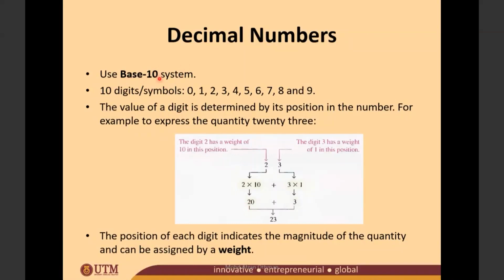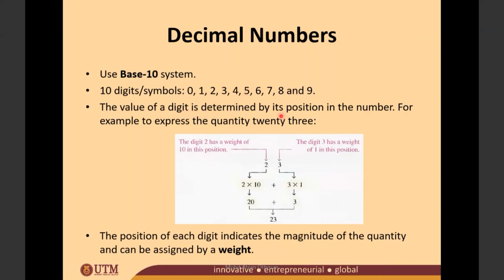In this decimal number system there are 10 digits, or symbols, which are 0, 1, 2, 3, 4 up to 9. So you have a total of 10 digits or 10 symbols to represent decimal numbers. The value of a digit is determined by its position in the number.